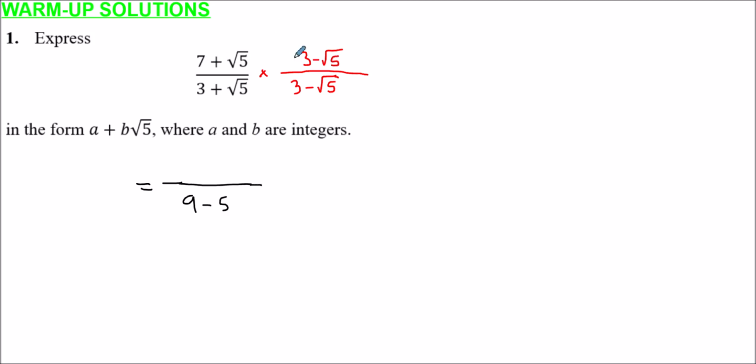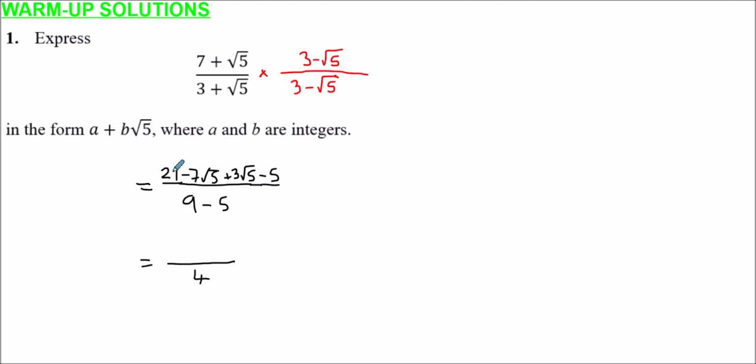So 7 times 3 would give us 21. 7 times minus root 5 gives us minus 7 root 5. Root 5 multiplied by 3 will give us positive 3 root 5. And then root 5 multiplied by minus root 5 will be minus 5. All of that over 9 minus 5.